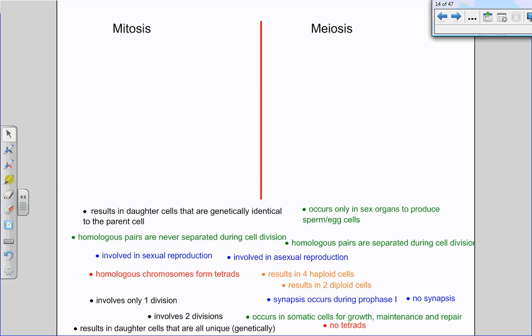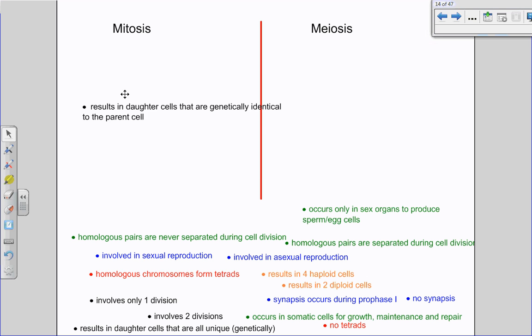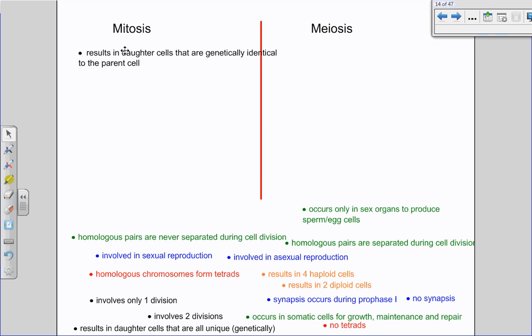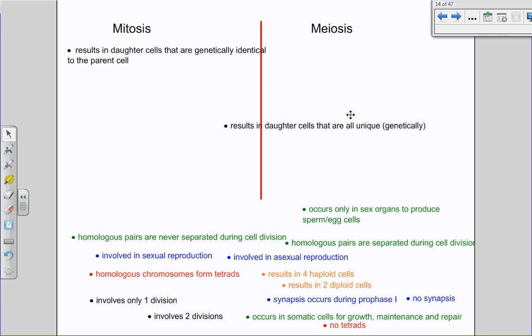So, which one results in daughter cells that are genetically identical to the parent cell? Mitosis. Which one results in daughter cells that are all genetically unique? That would be meiosis.